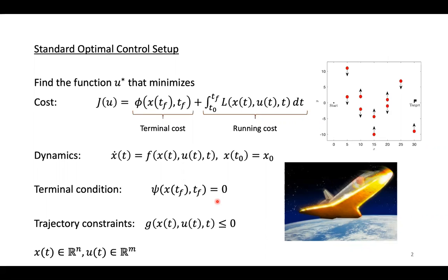Along with the terminal condition, you have what are called trajectory constraints of the form g of x(t), u(t) comma t less than or equal to 0. These constraints are typically inequality constraints, but there could be some equality constraints too. And these constraints would allow you to impose restrictions on the state space, or, let's say, impose control constraints or control bounds.